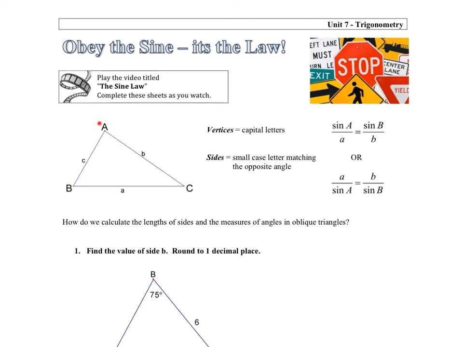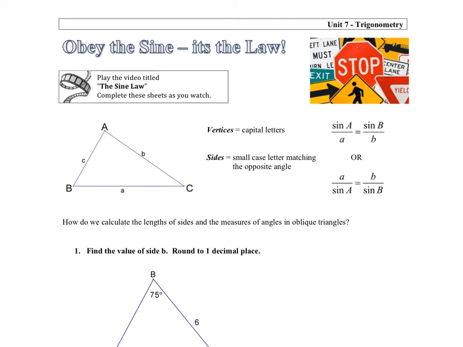Across from vertex A is little a, side length A. Across from vertex B is little b, side B. And across from vertex C is little c, side C. This is important to understand the formula. Every vertex corresponds to its opposite side, and those letters have to match.